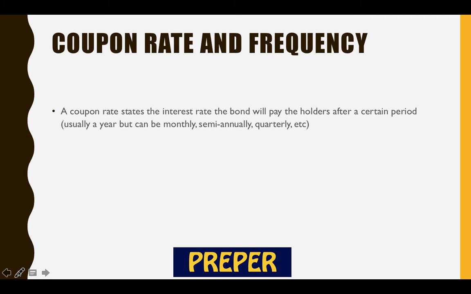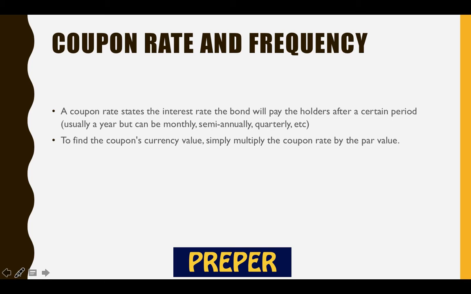Usually it could be a year, but there can be bonds which pay you a certain sum of money after a month or a week, or semi-annually or quarterly, right? But note that the coupon rate is always quoted per annum. So if it pays you semi-annually, it would be written that the coupon rate is 6% per annum paid semi-annually.